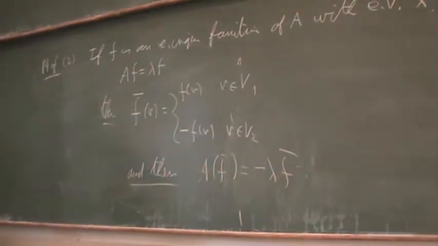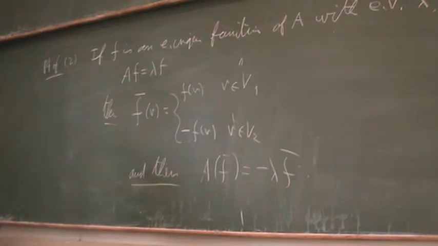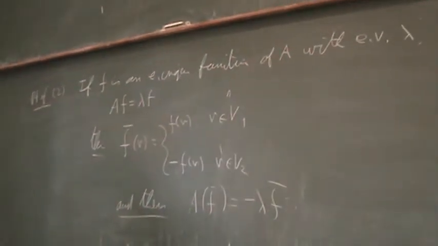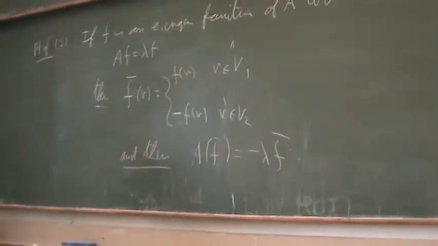So we see that the spectrum is symmetric in this case. So if square root of k1 k2 is an eigenvalue, then minus square root of k1 k2 is also an eigenvalue.